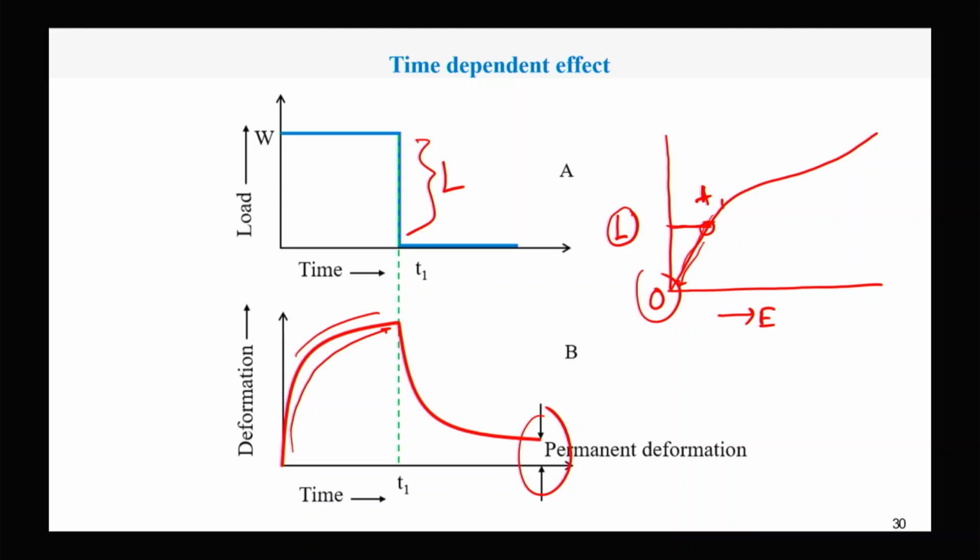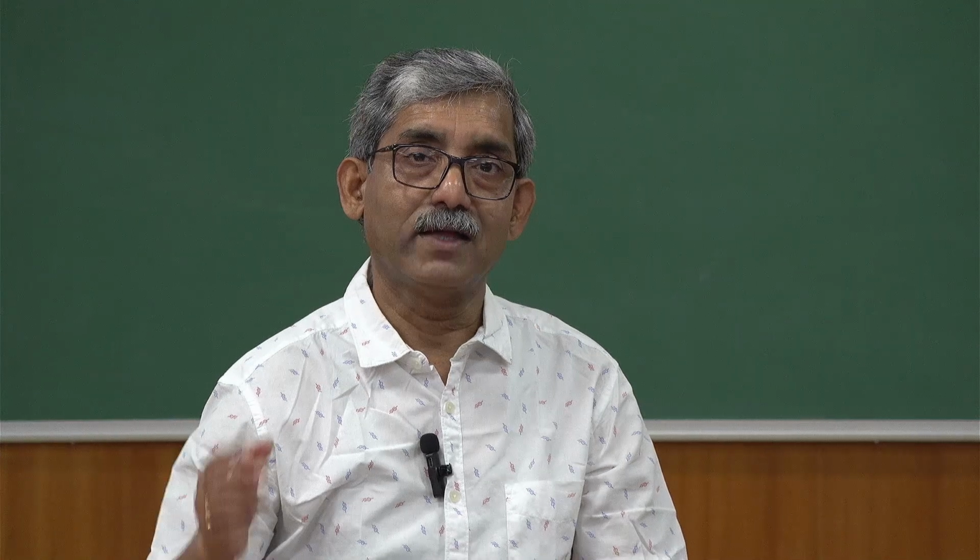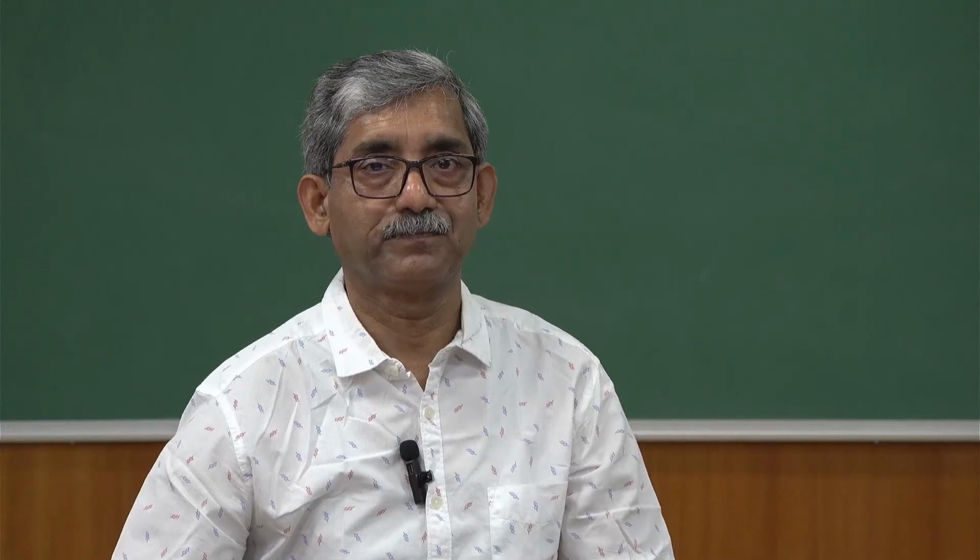This deformation is due to the creep effect, molecular sliding, and it happens with lower loads also. So if we keep a constant load on a viscoelastic material, there will be permanent deformation.